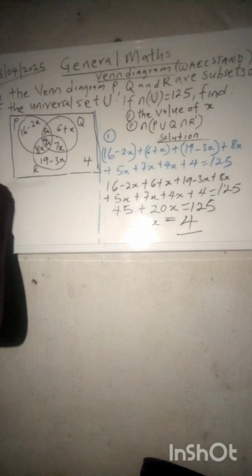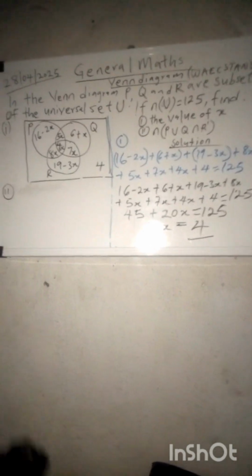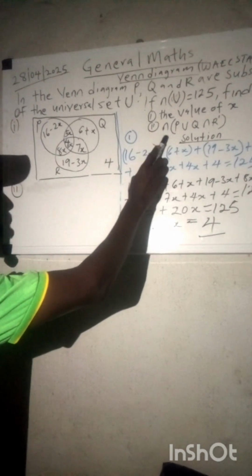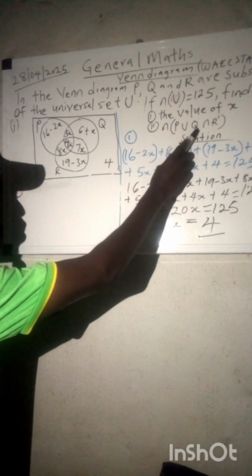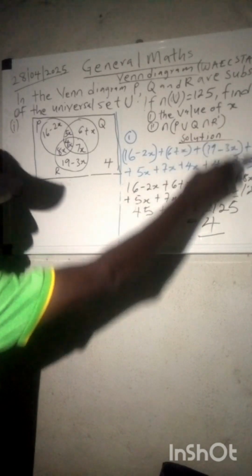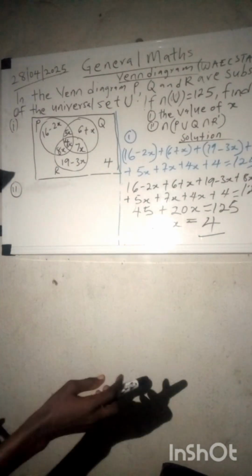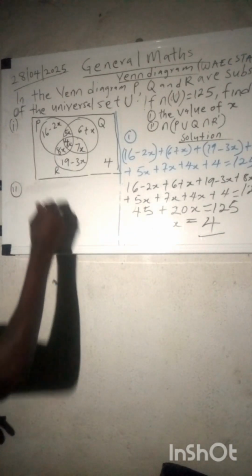Then let's consider the second question. They said find the cardinality of P union Q intersect R prime. It simply means that our concentration will be on the circle.